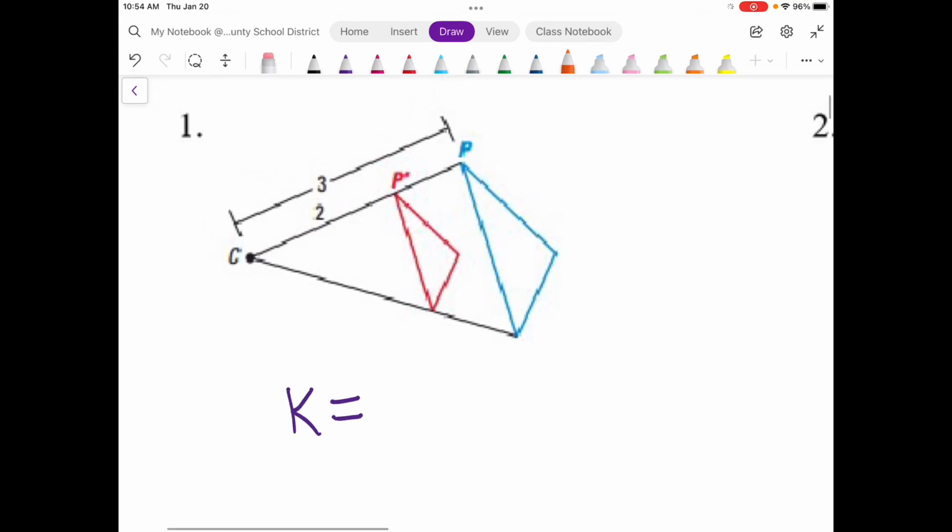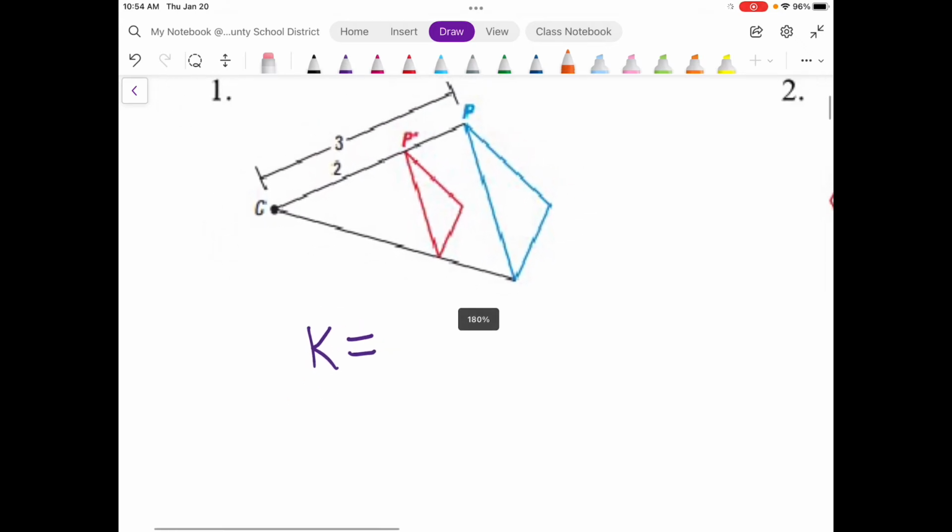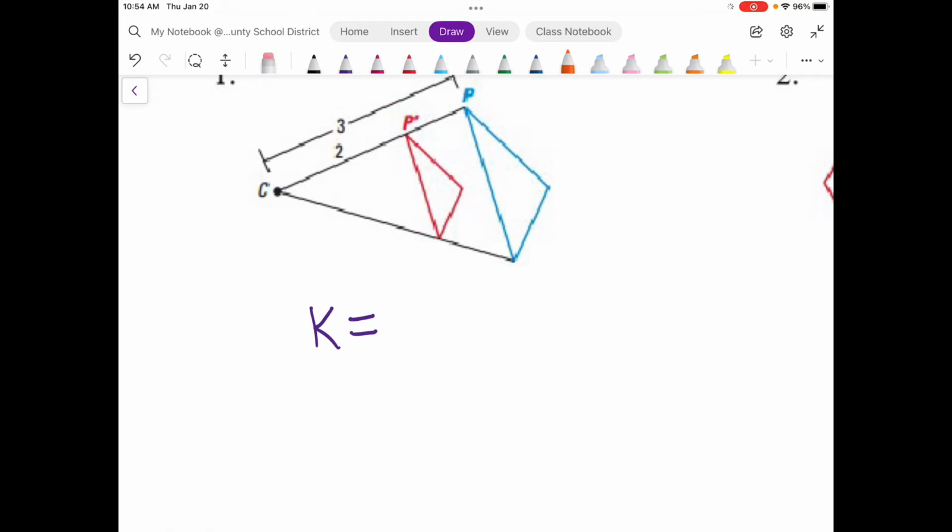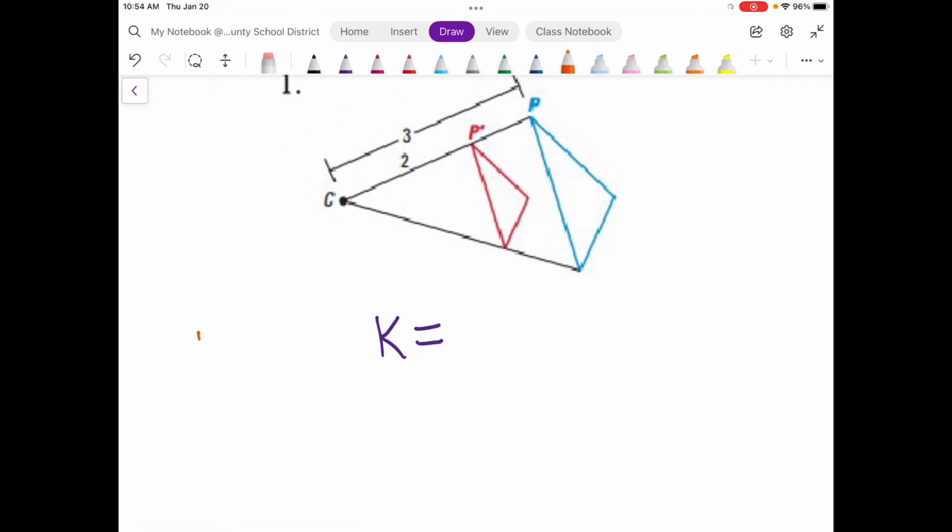So remember, we're always going to do the new image over the pre-image. So I'm doing the prime over the non-prime. And I'm just going to use the one letter here. So my prime, I go from the center to the prime, that is 2. And then I'm going to do the non-prime, so from the center all the way over to P, that's 3.